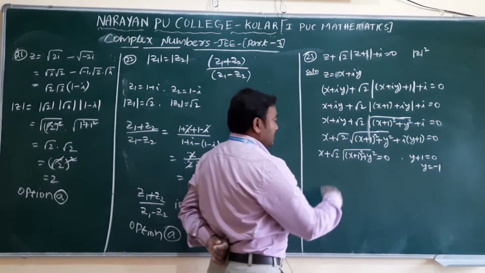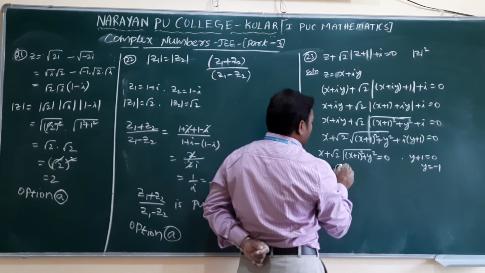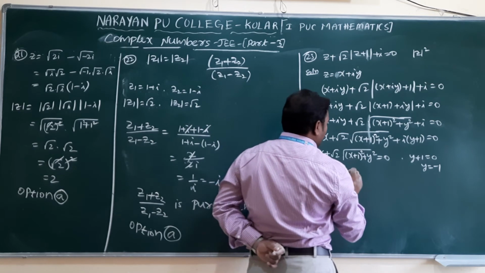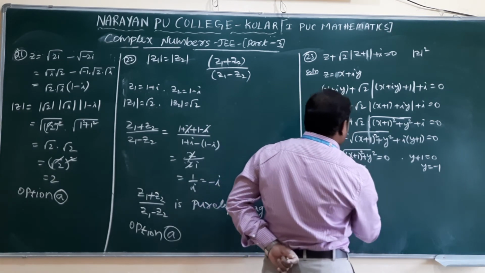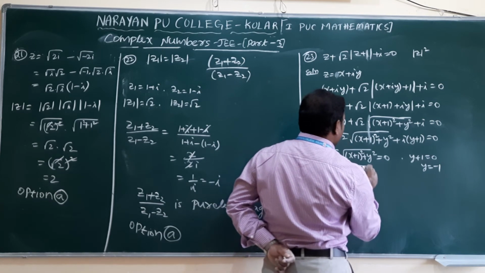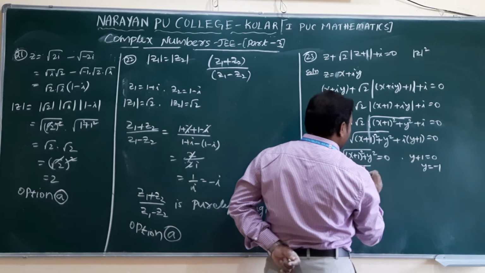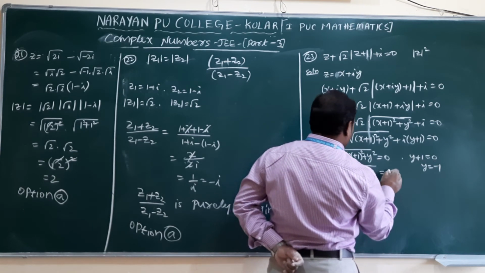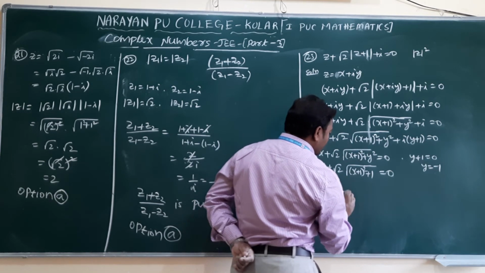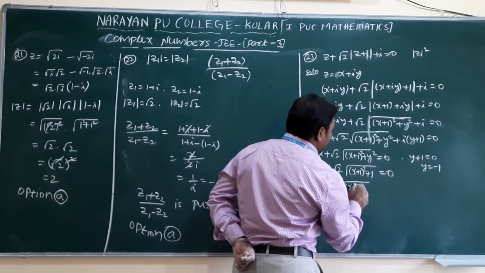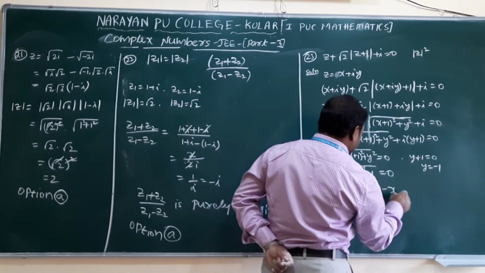Substituting this value here, we get x plus root 2 times the square root of (x plus 1) whole square plus (y value minus 1) plus 1 is equal to 0. Now here, root 2 times the square root of (x plus 1) whole square plus 1 is equal to minus x.